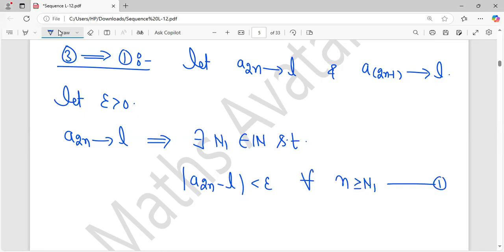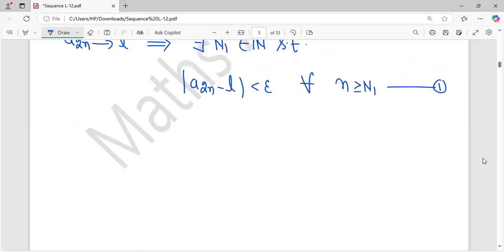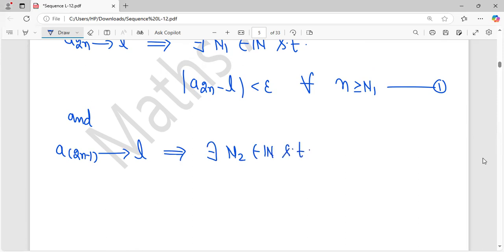Let's call this 1. And a 2n minus 1 converging to L implies there exists a capital N2 belonging to N such that a 2n minus 1 minus L is less than epsilon for all n greater than capital N2.